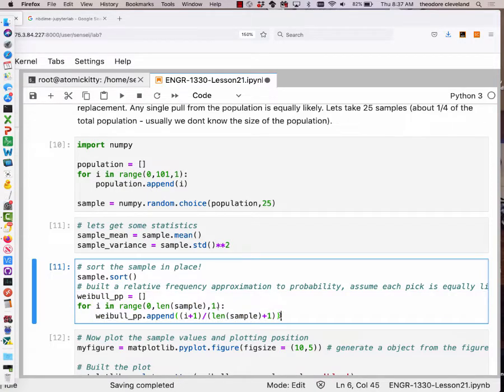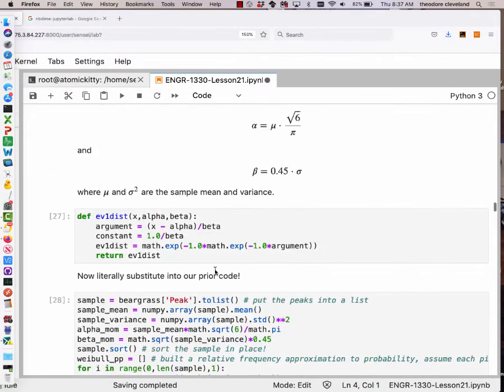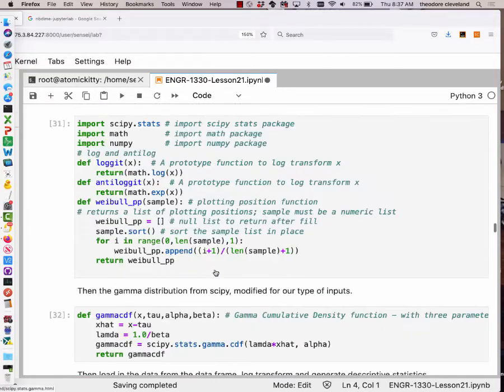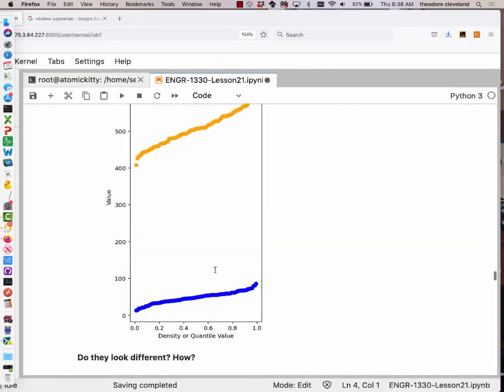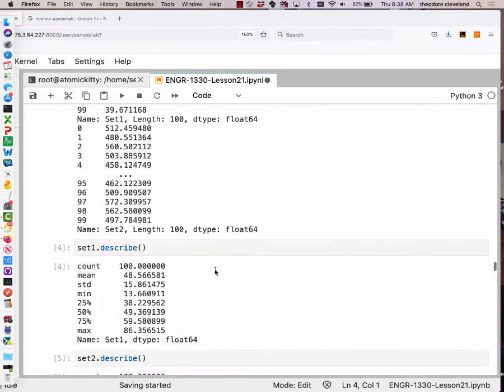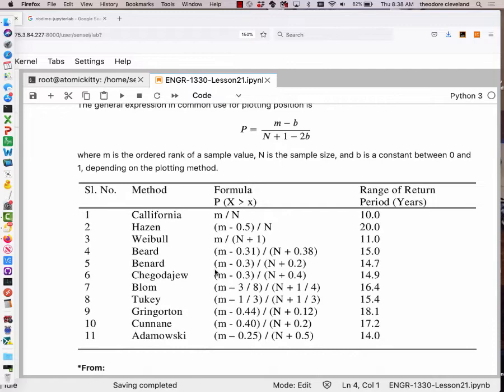This is the key thing, that the plotting position is simply a formula. If we go down to the bottom, I'll show you what the formulas look like. So there's some of the formulas. So the California method, somebody was having fun with table making.